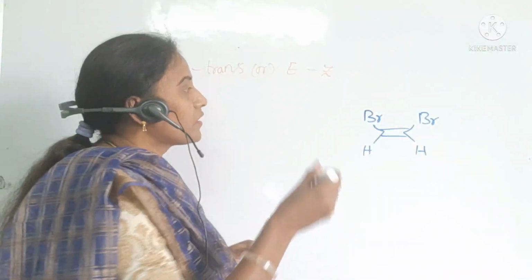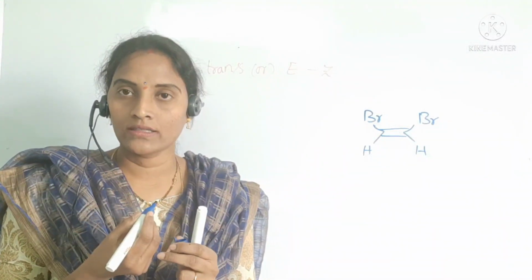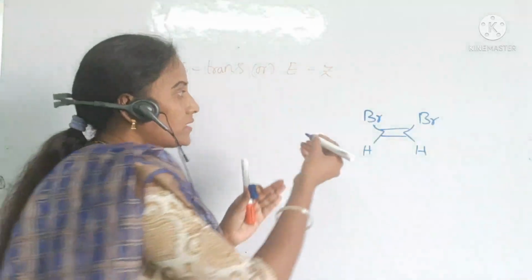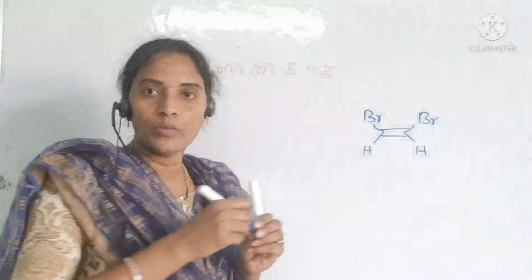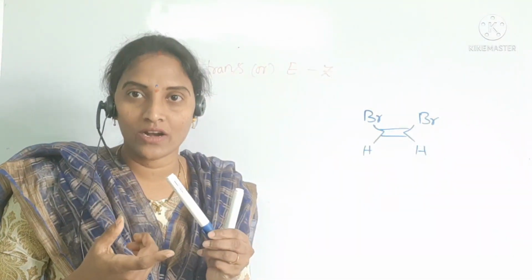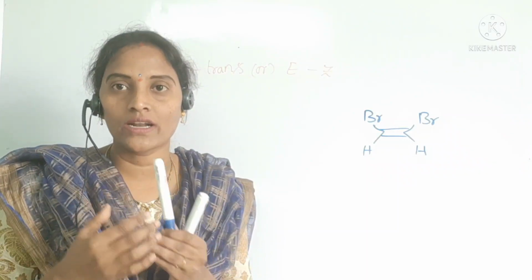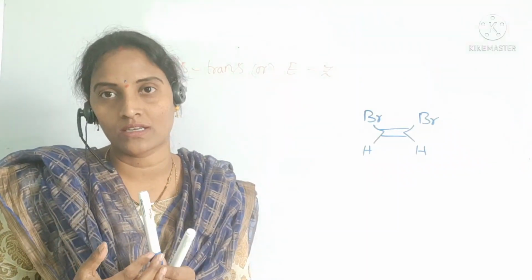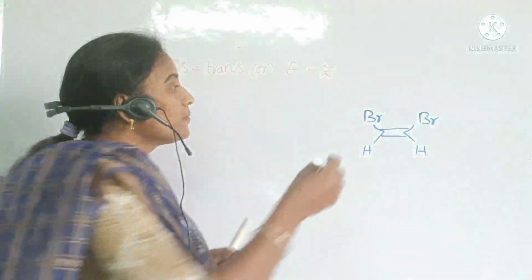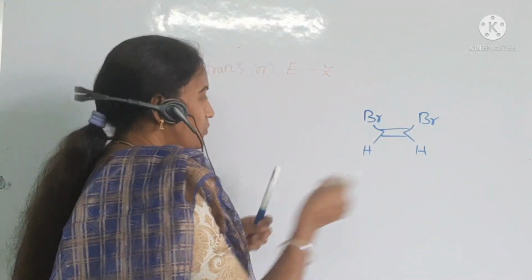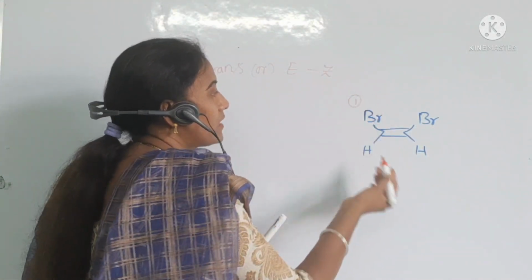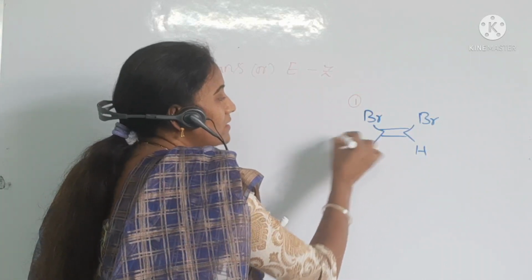According to RS rules, higher atomic mass gets the first preference, lower atomic mass gets the second preference. So here bromine gets the first preference because it has higher atomic mass. Hydrogen gets the second preference.